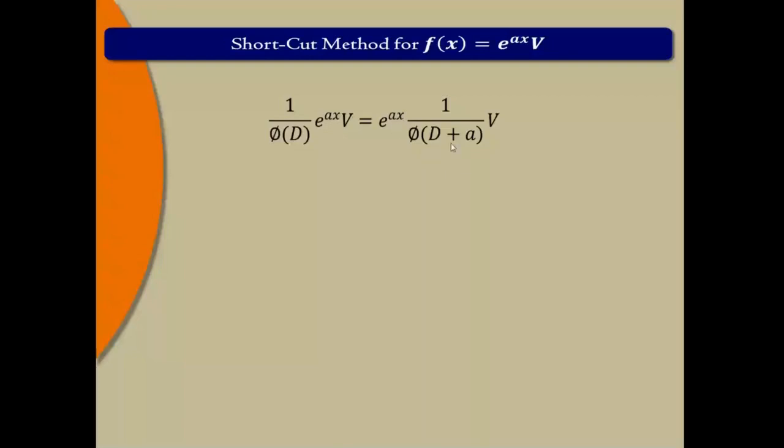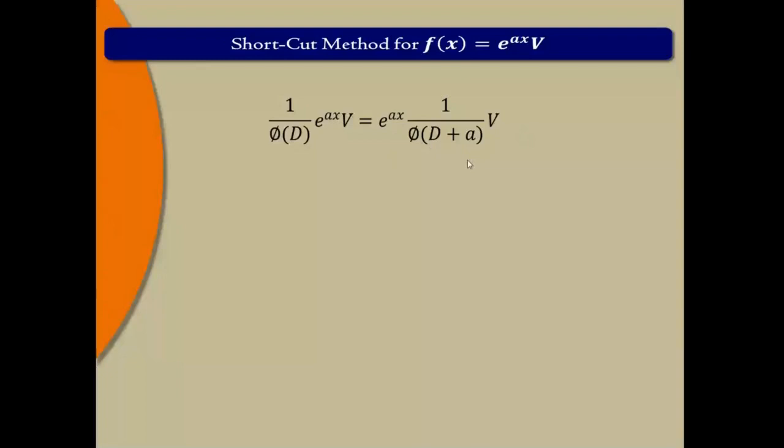Wherever there is a d, replace it by d plus a: 1 upon f of d plus a, v. Generally this v is either sine, cos or x raised to m, so by using the previous shortcut method, the rest of the part can be solved. So for a product of two terms where one of them is e raised to x, take that e raised to x outside by replacing d by d plus a, and then simplification gives us the answer.